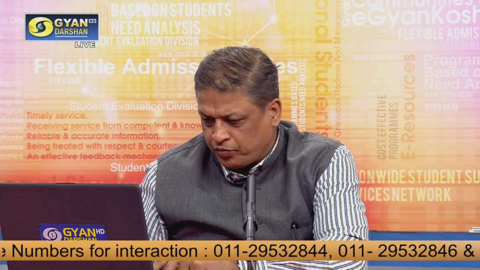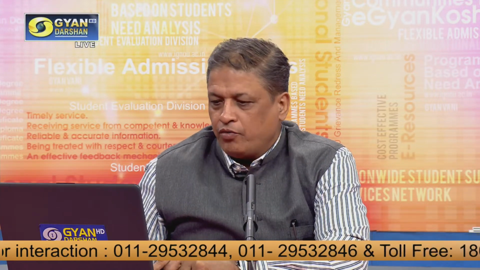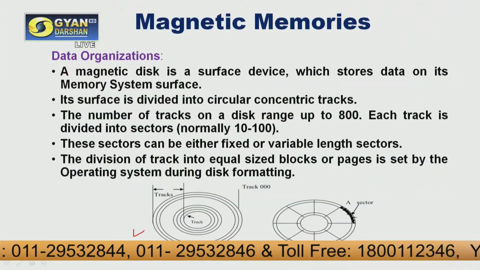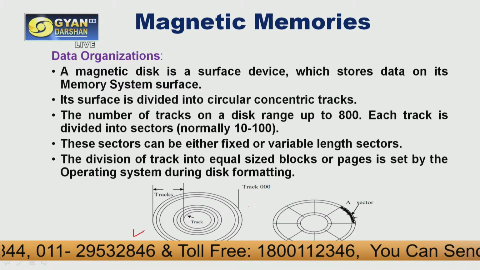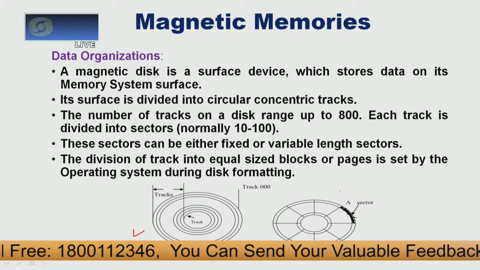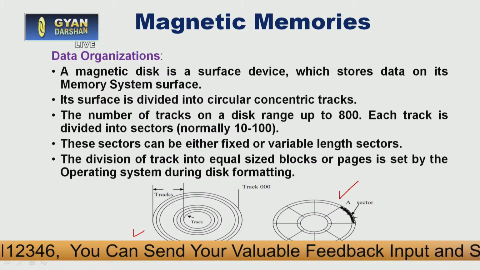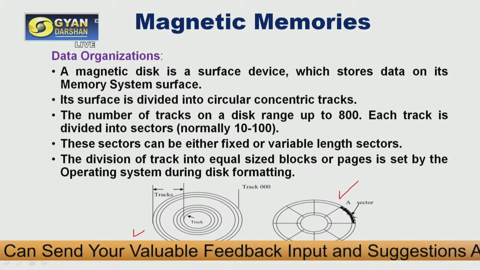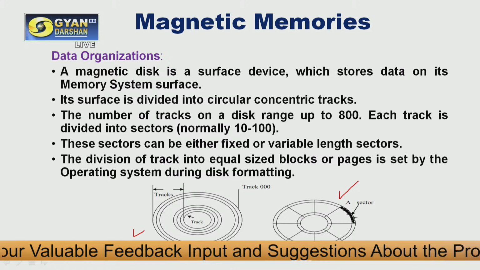Likewise, over here there is a disk organization which is shown. There are concentric circles. You can see in this figure that there are concentric circles, and these concentric circles are known as tracks. Apart from these tracks, each track is divided into sectors. So magnetic disks are actually surface devices.